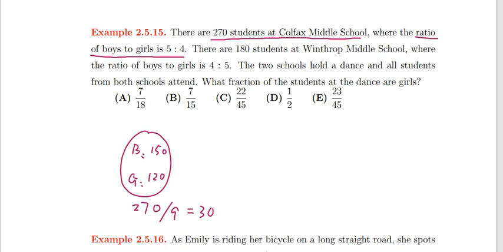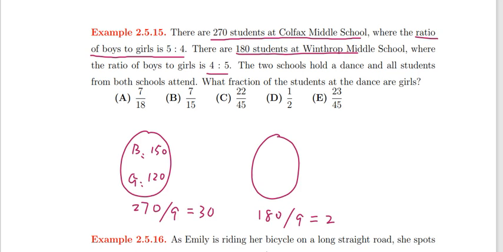And for another school, we have a total of 180 students, and their ratio is 4/5. So each part is 20.